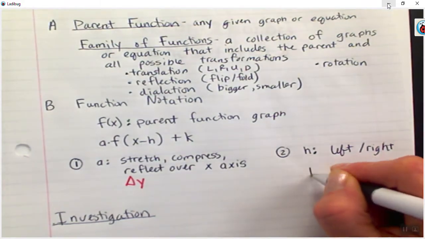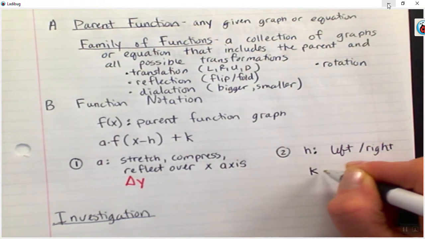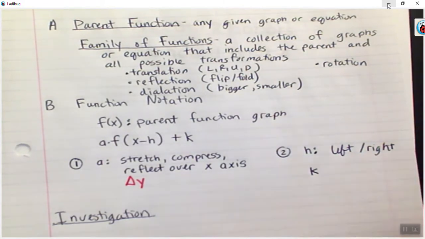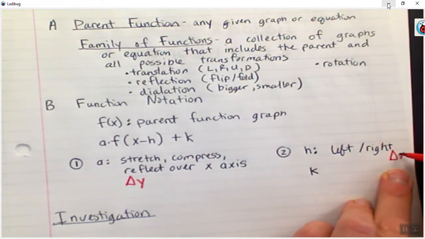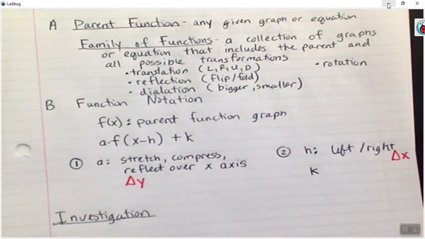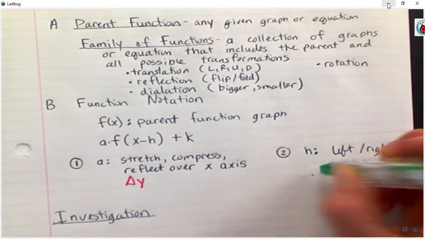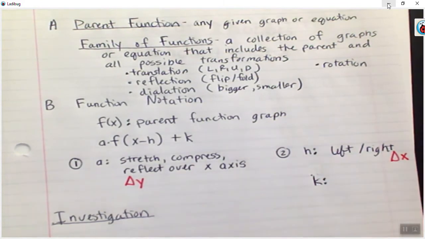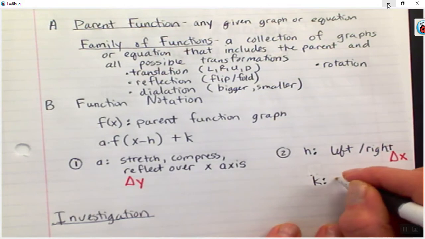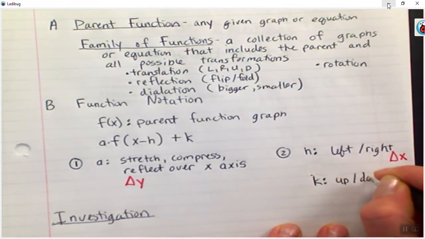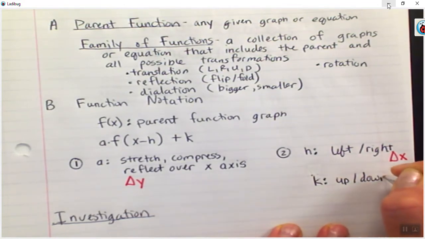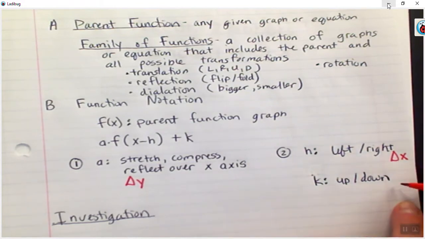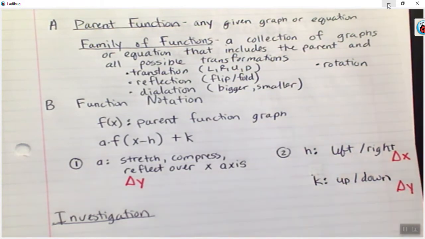And we're going to say K. K moved the graph up or down, which changes the Y coordinate. Notice we have two things that affect the Y and only one thing that affects the X.